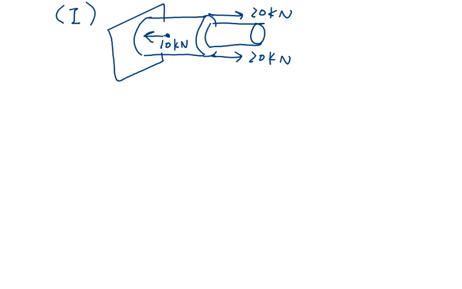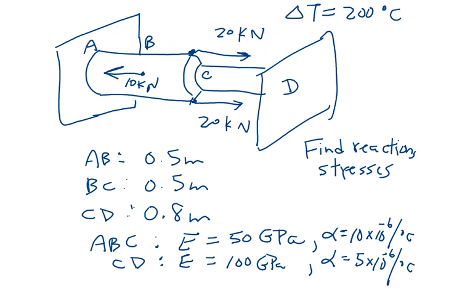I'm going to say delta at D, this was A, B, C, D, right? So delta at D is equal to the sum of PL over AE. One thing I forgot to give you are diameters, right?